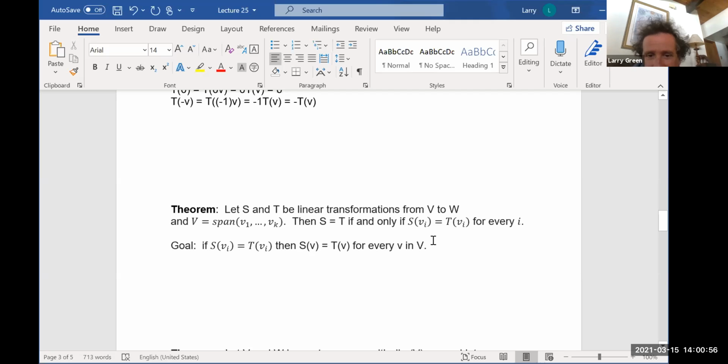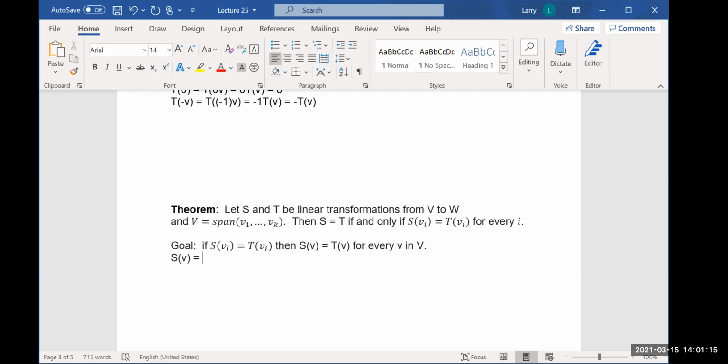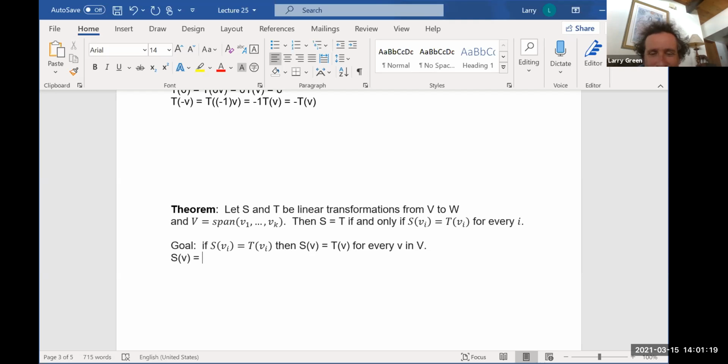So hopefully you're used to this. When you want to show an equality, you start on the left and end on the right. S of V equals, now what do I have to use? What haven't I used yet? V1 through Vk, but even more, the span.